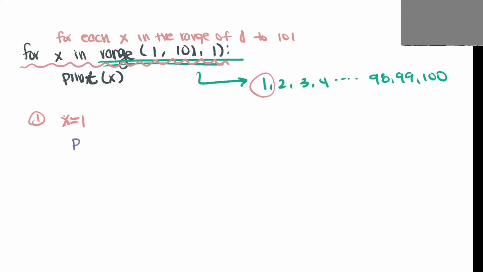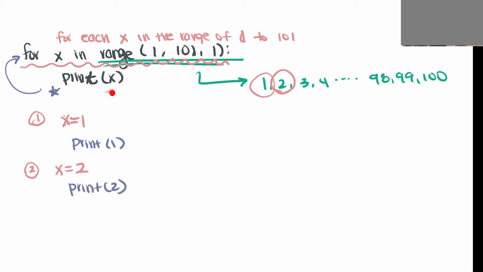So it'll print 1. Now that it's reached the end of this for loop, it'll circle back up, and then it'll get the next x value, meaning the next number in the range, which is 2. So the second time the loop runs, x is 2, and when it falls down into here, it'll print what x currently is, which is 2.